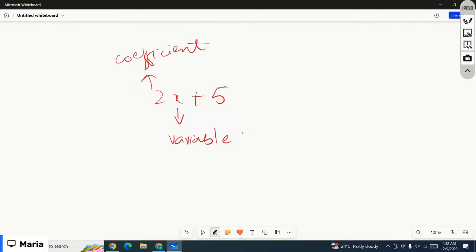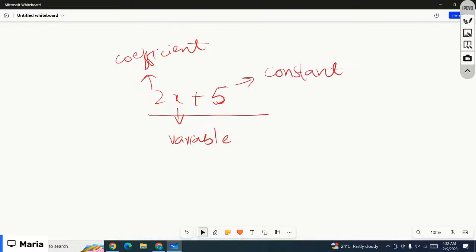So that means a coefficient is the number that is written right next to a variable. And 5 is without any variable, so 5 is the constant.